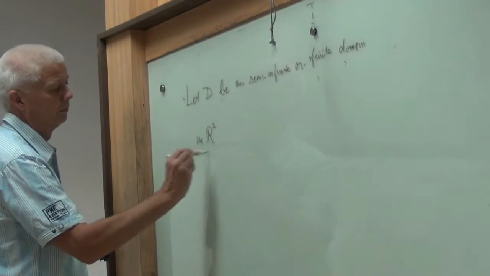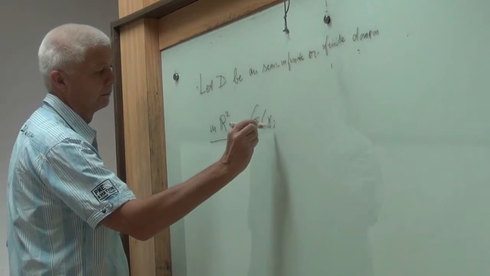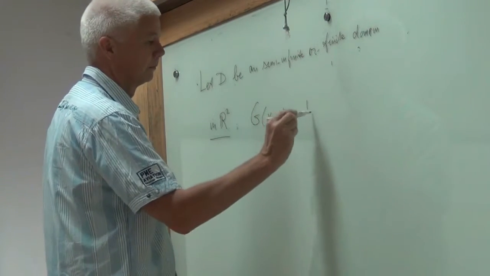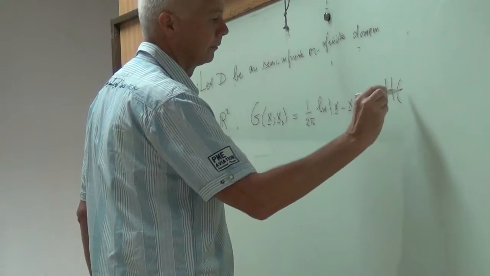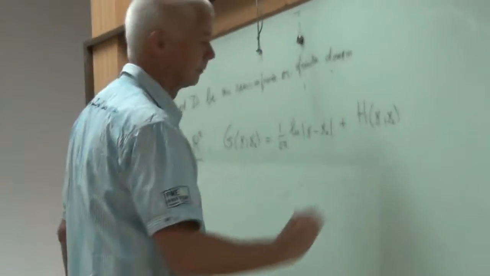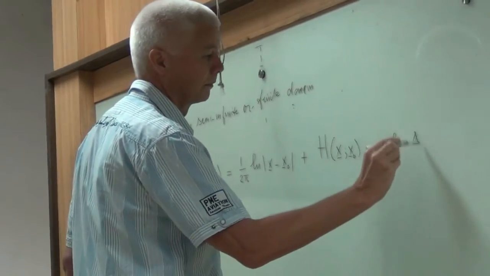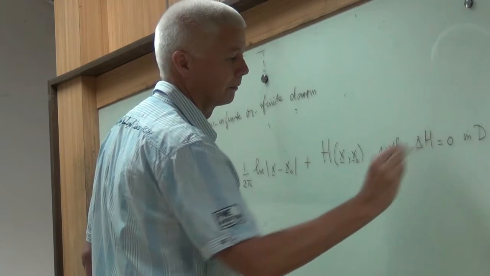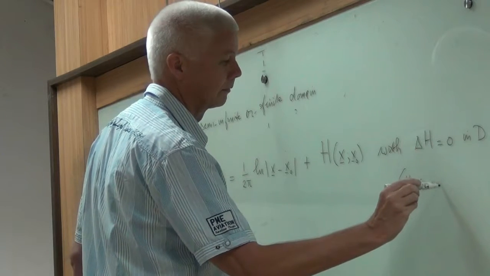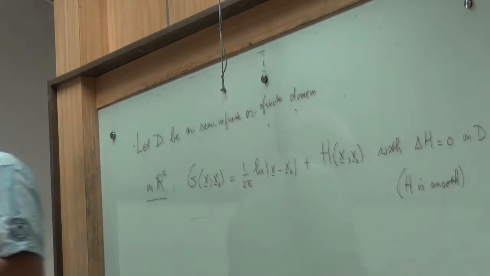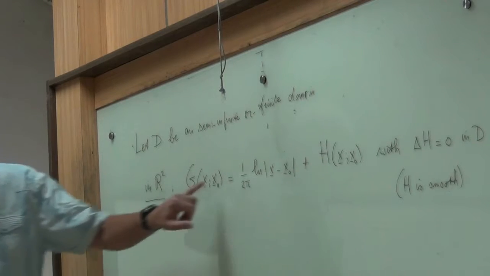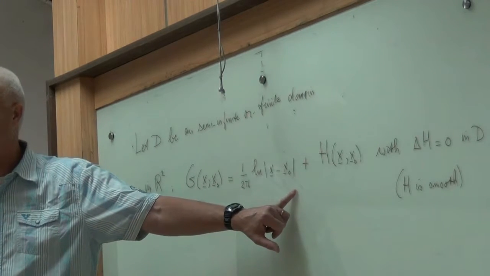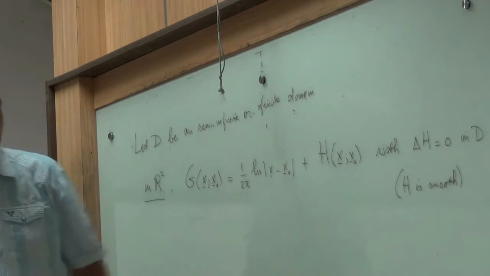Well, it will turn out in R2 that if you're going to construct a Green's function for a semi-infinite domain or a finite domain, then your Green's function always has the following form: a singularity, 1 over 2 pi logarithm of |x minus x0|, the singularity that you also have in an infinite space.